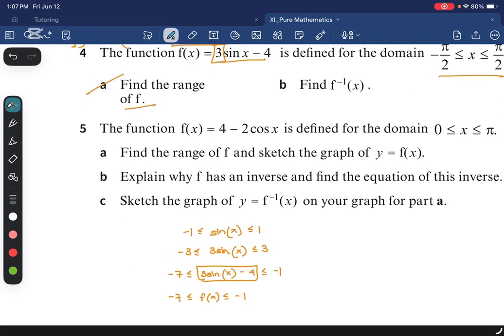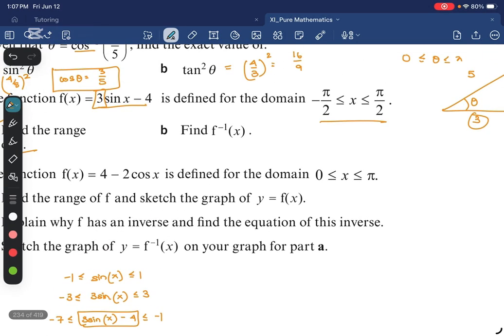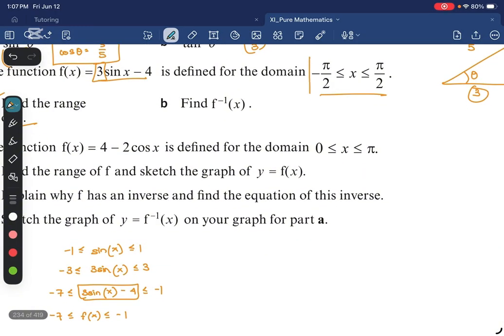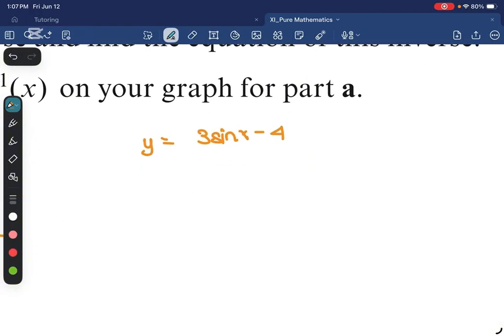All right, so that is my range. And find f inverse of x. The function is defined for this domain, so for that domain, it's going to be one to one. So y is 3 sine x minus 4, right? The regular process: y plus 4 is equal to 3 sine x, and sine x is equal to y plus 4 divided by 3.